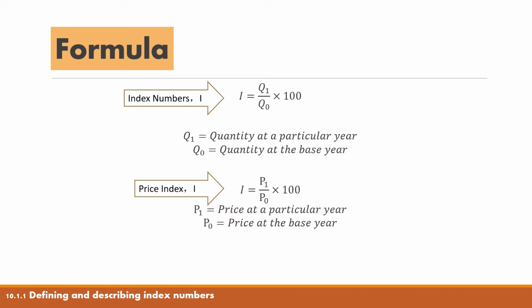If we look at these two formulas, we can say that the index number or price index is actually the comparison of the price or quantity of a certain item or product in 2 years. So it can be an increment, a decrement, or unchanged.